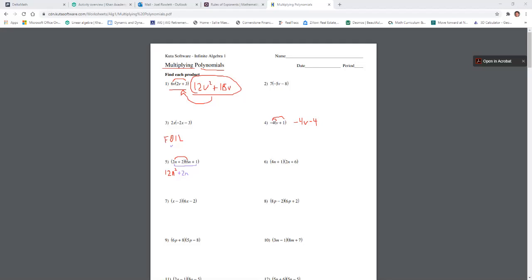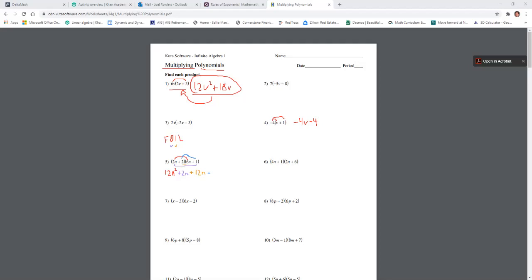And now I'm going to go after the inside, or the inner terms, the ones that are on the inside, right? That's just the 2 times the 6n. And 2 times 6n is positive 12n. And finally, we're going to employ the L in FOIL, which means last term. So that would be the 2 times 1, which is just 2.